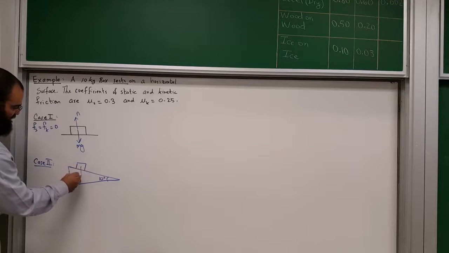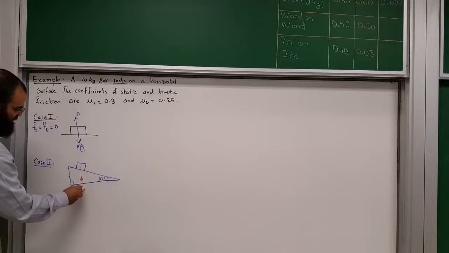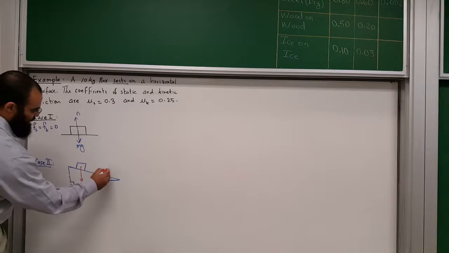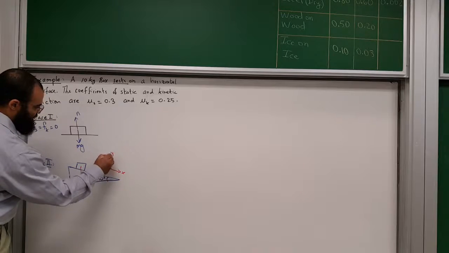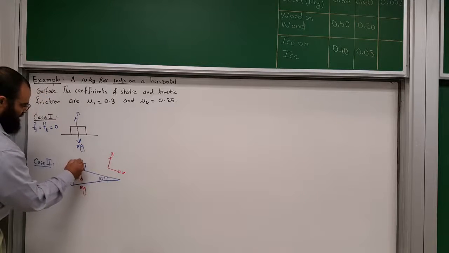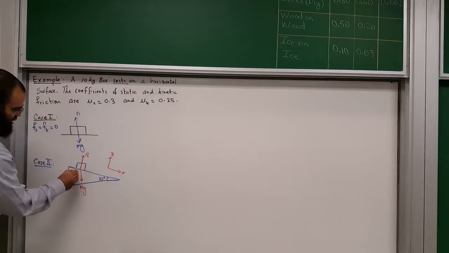So there is the force of gravity, it's mg. And as usual, we'll take this to be the x, this to be the y direction. So the normal force is in this y direction. The force of gravity would have 2 components.